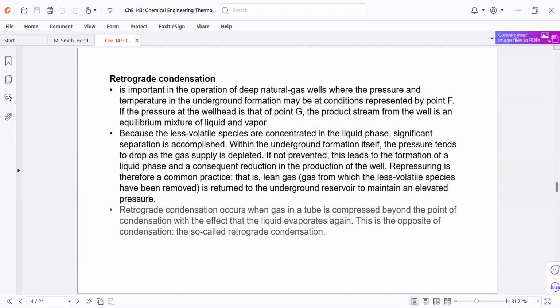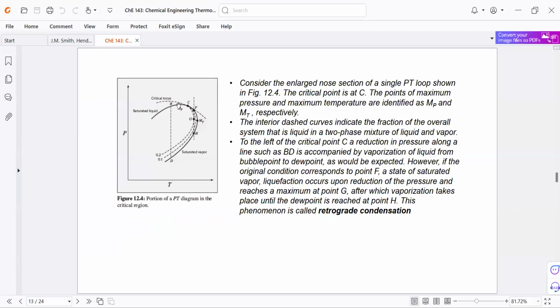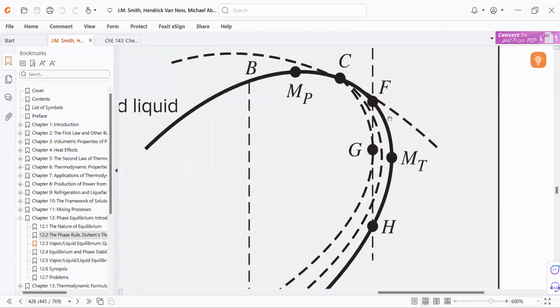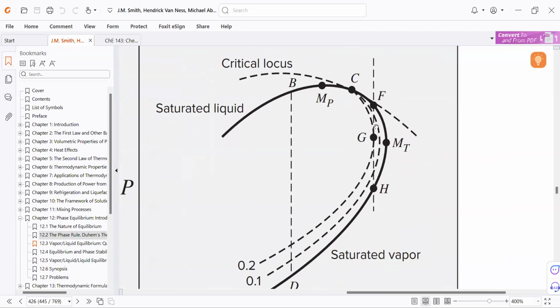All right. So it's a very interesting phenomenon because, as you can see here, what we usually expect is vaporization as we reduce the pressure, but in this region, it will pass through the regions of lower liquid content first.